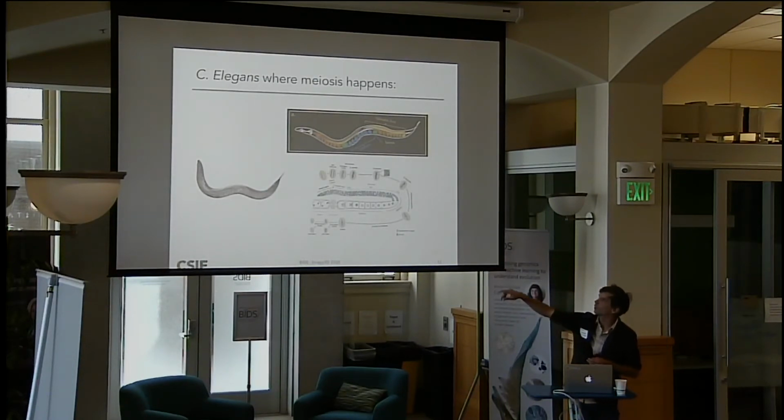Here you have an image where on the top you can see the gonadal arm, where meiosis happens. At the bottom right, you can see the progression from the meiotic region to the different stages of meiosis. The pachytene region is kind of hard to see, but it's where the crossover happens. It's the main region of interest for their lab.